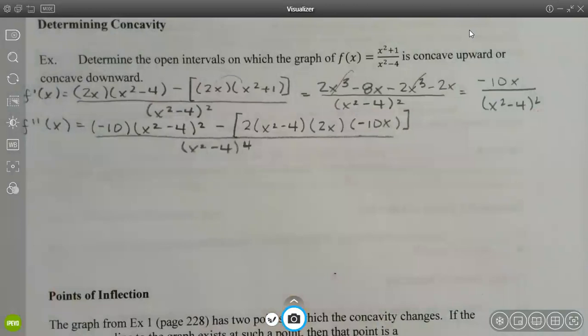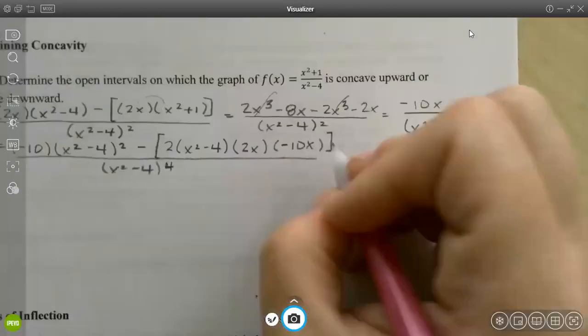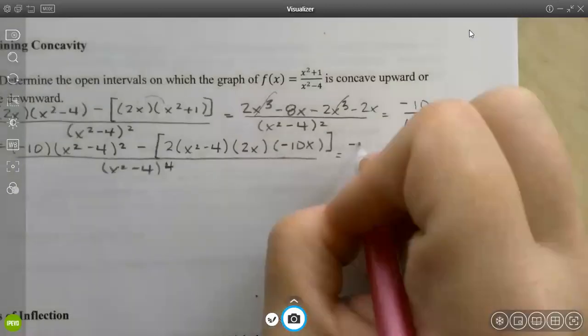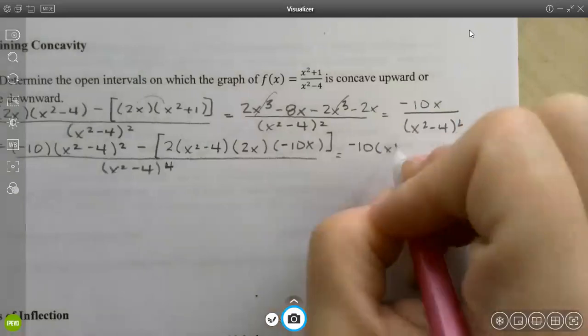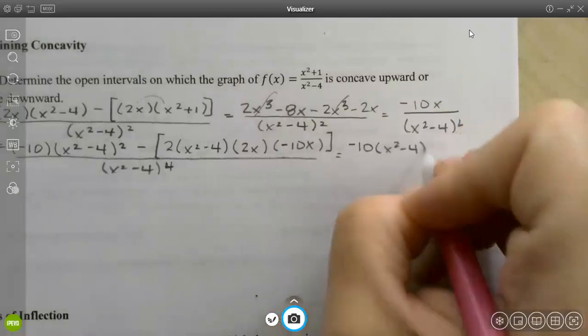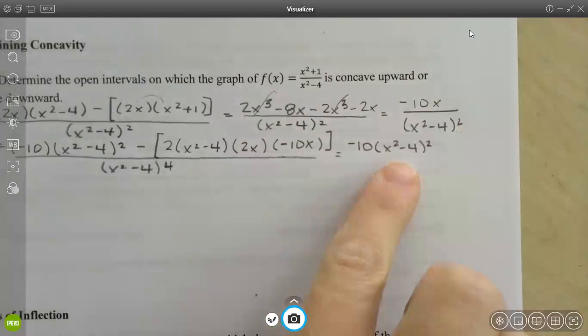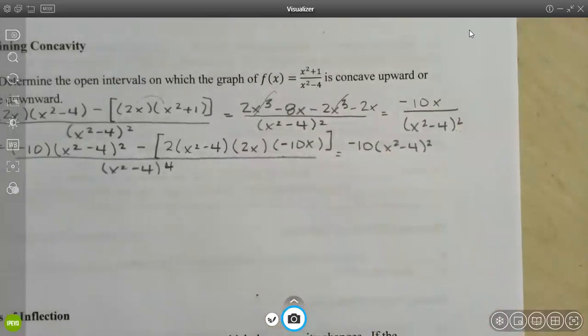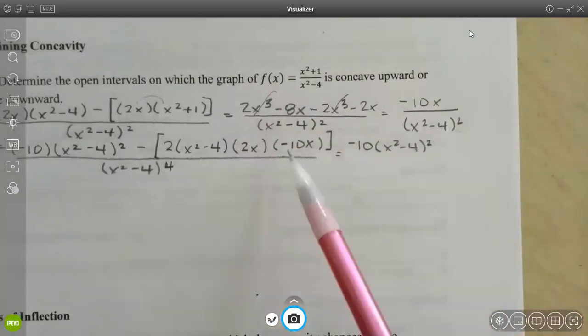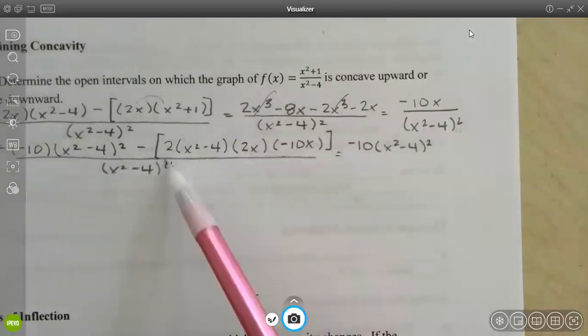All right, what do I do now? So on the top, I'm going to leave this negative 10 outside of this x squared minus 4 squared because I'm too lazy to do that part right there, which is fine. Over here, though, I'm going to go ahead and multiply my stuff together. What's negative 10 times 2 times 2?